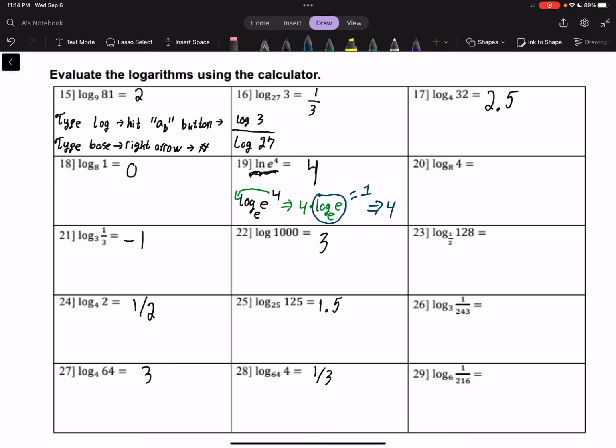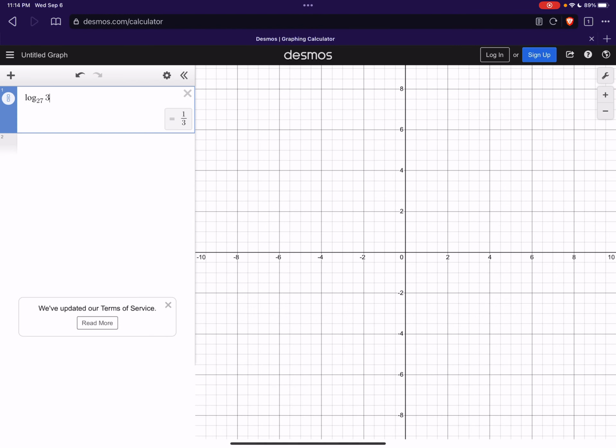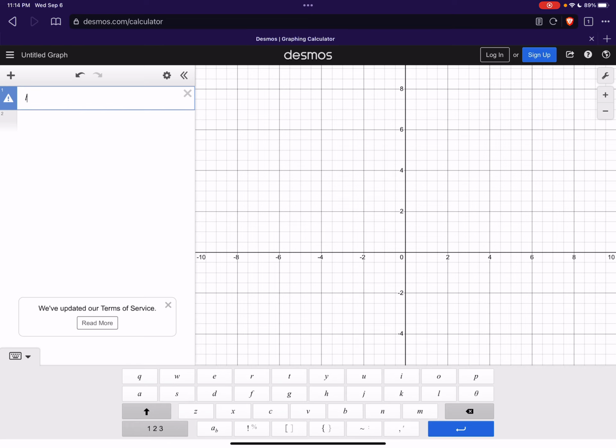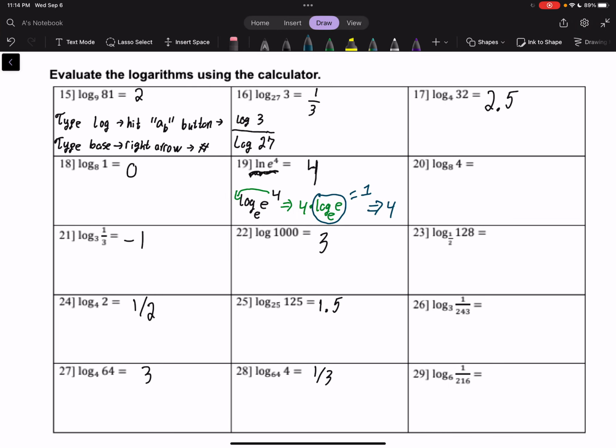Again, don't have to know that. You just type it in Desmos, like so. Ln of e is 1. And exponent 4. Okay, there you go. And you'll get the answer.